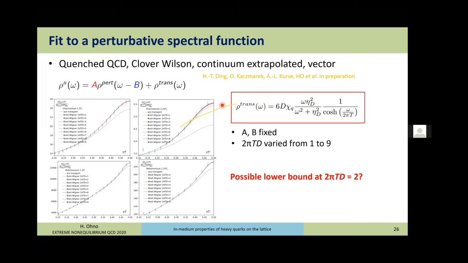So in that sense, this error is still too large to extract precise information about such a small contribution. I don't remember the value, but okay, thanks.